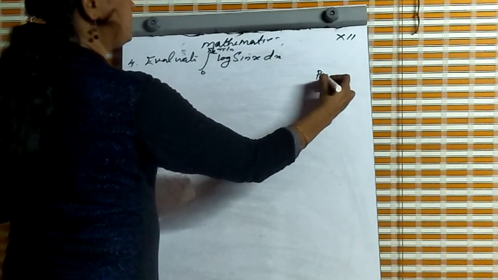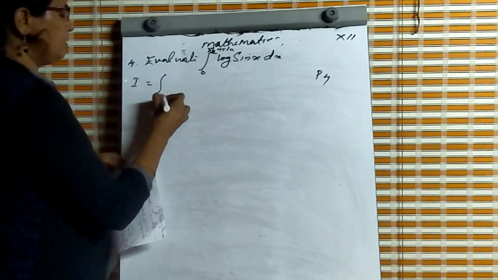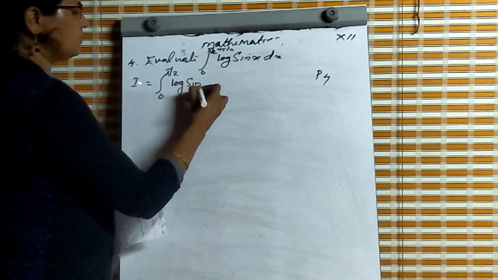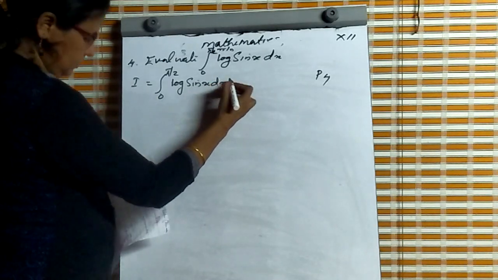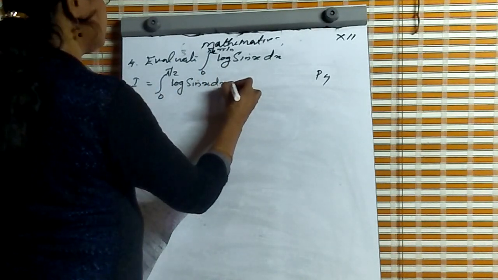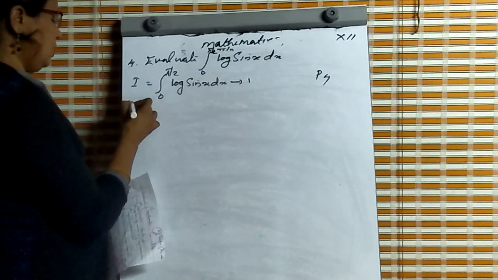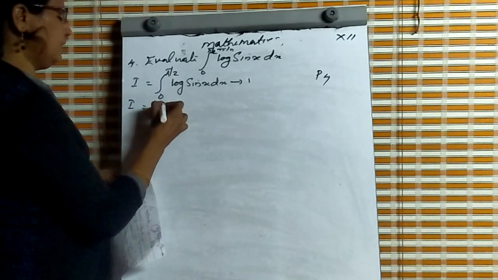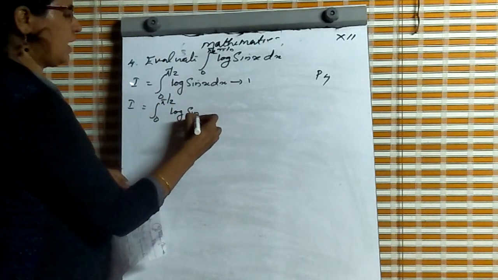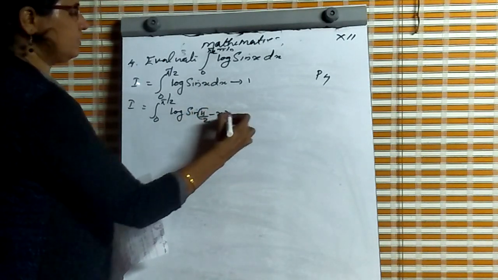Here we use property P4. I is equal to the integral from 0 to pi by 2 of log sin x dx. This is equation 1. Then I is equal to the integral from 0 to pi by 2 of log sin(pi by 2 minus x) dx. Applying property 4, we write pi by 2 minus x.